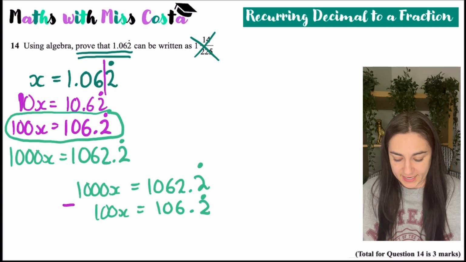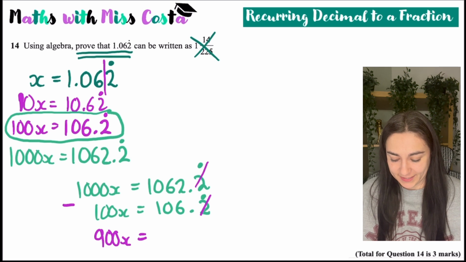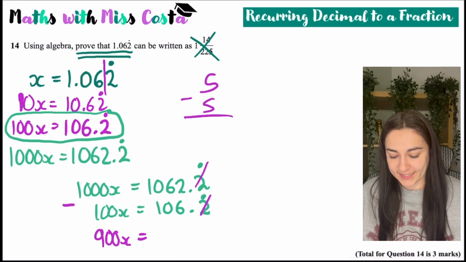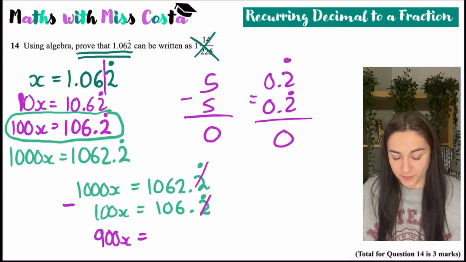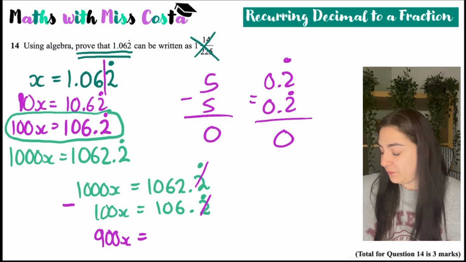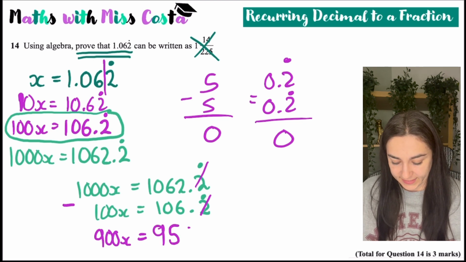So 1000 take away 100 is 900x. And then this is why this is so cool, because if I subtract this from this, anything take away itself is 0. So similarly, 0.2 recurring take away 0.2 recurring is going to be 0. So that cancels out. And then I just have to do 1062 take away 106. So if you've got a calculator, 1062 take away 106 is 956.